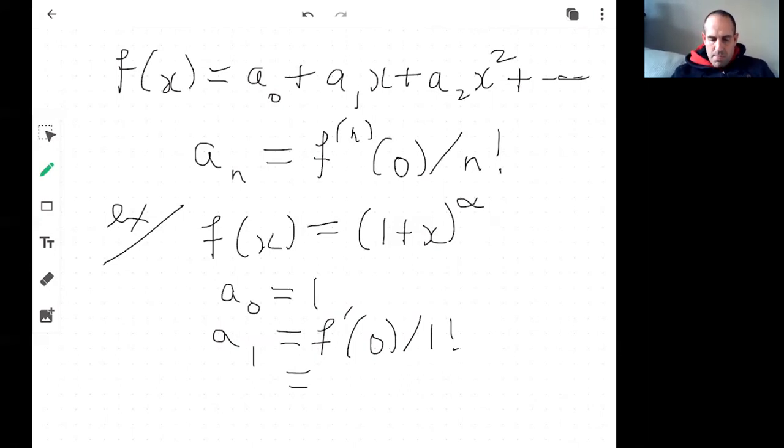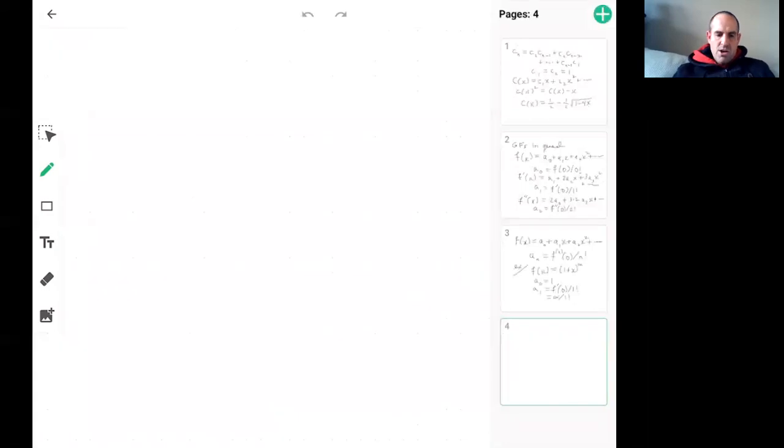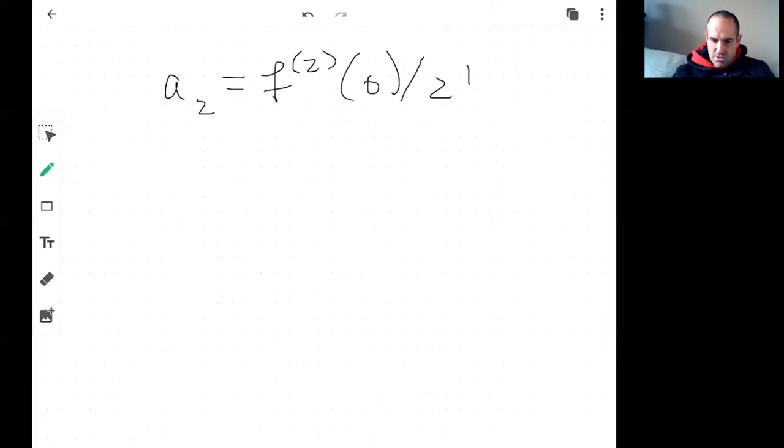So it would just be alpha over 1 factorial. Okay, and let's get another page to work with here. What would a2 be? So a2 would be the second derivative evaluated at 0 over 2 factorial.